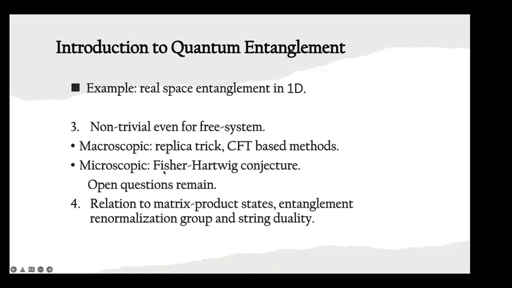Microscopically, if you would like to really construct those reduced density matrices and show that the continuum limit exists, you encounter some complicated mathematical conjectures. This also inspires some works related to matrix product states, entanglement renormalization group, and string duality in these languages, which I'm not going to talk about today.